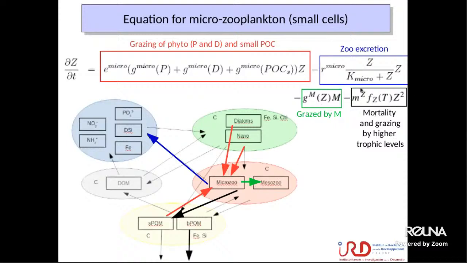And also there is an additional parameterization, which is quadratic mortality, which simulates in a simple way the grazing by higher trophic levels, like fish for instance, which are not represented in PISCES. So this is a very simple way to take into account the pressure from higher trophic levels.